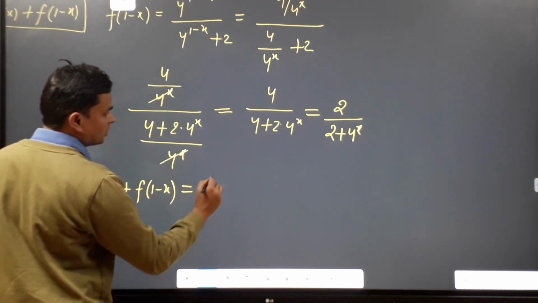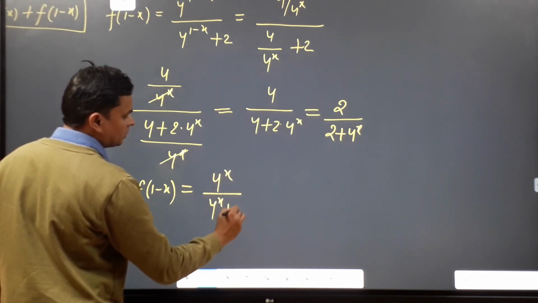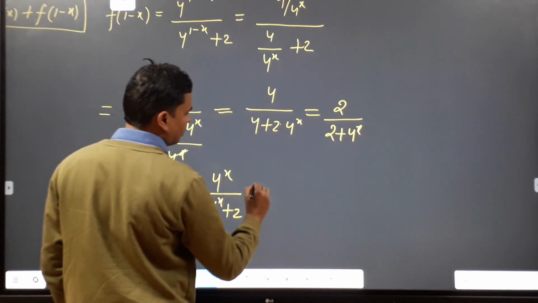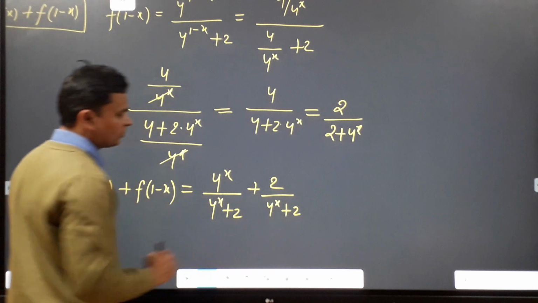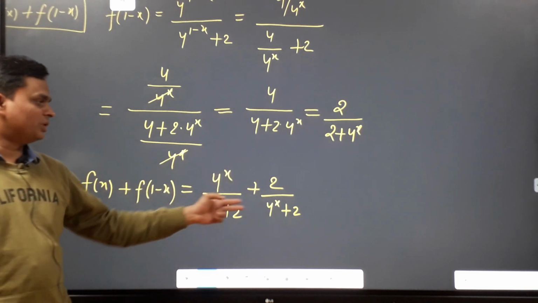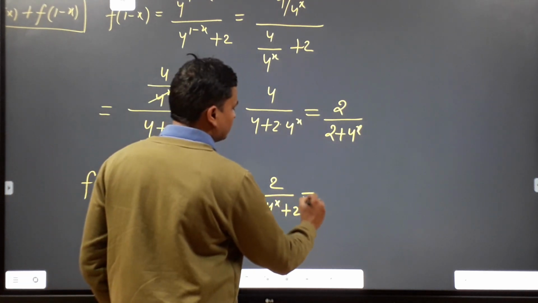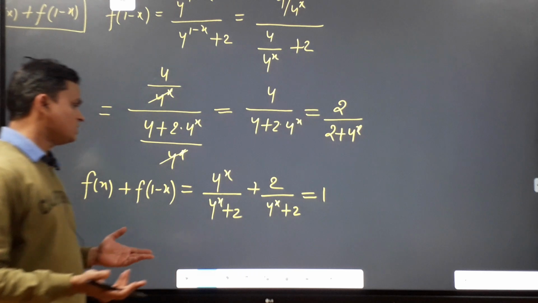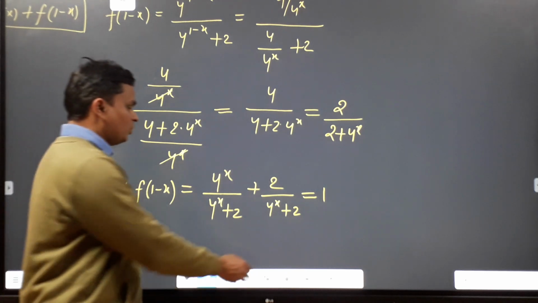The first term is 4 to the power x by 4 to the power x plus 2, and the second term is 2 upon 4 to the power x plus 2. Now I think it is clear why I was adopting this strategy. The numerator and the denominator are the same, so we get 1. This was the main crux of this question, to visualize this particular thing.